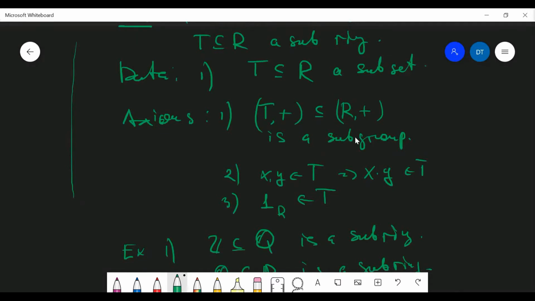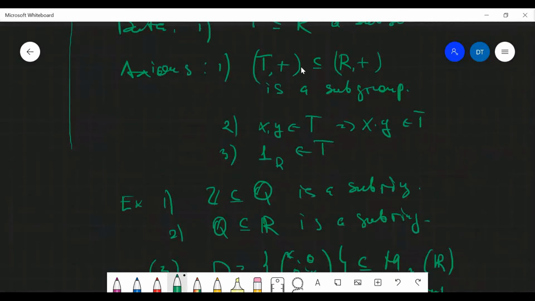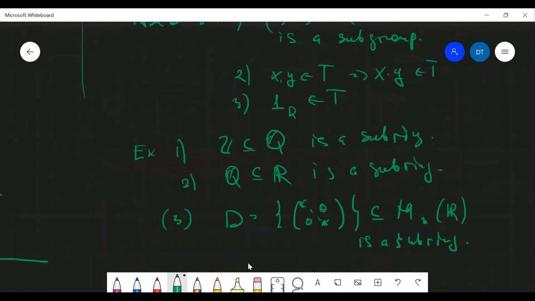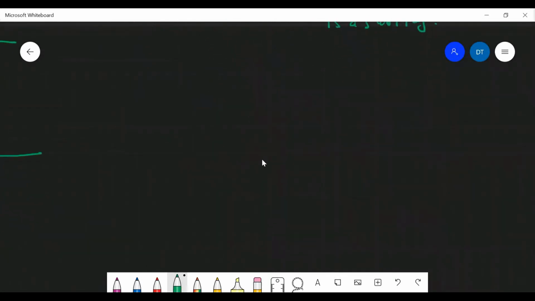It must be a subgroup with respect to addition, and it contains the identity element of the ring R. So, as you can see, when you consider T with this addition and the multiplication from the ring R, it will be a ring with respect to the same operations. If T is a subring, then when you restrict the operations plus and dot to the subring, you will get a ring again, because it will satisfy all the axioms. Okay.